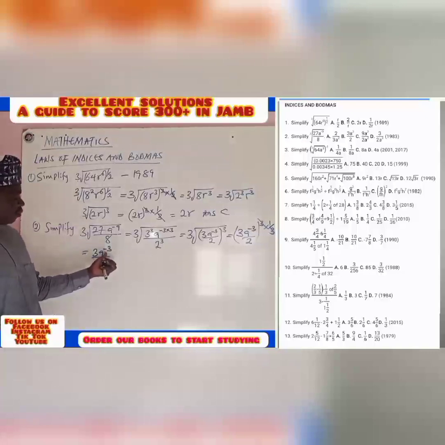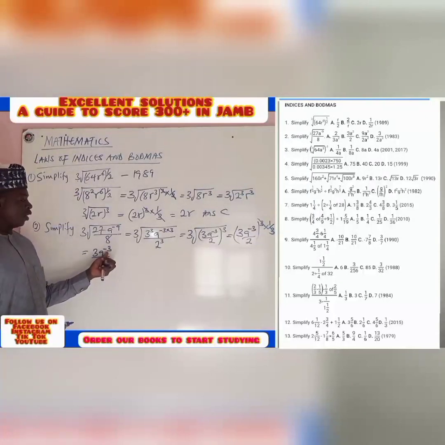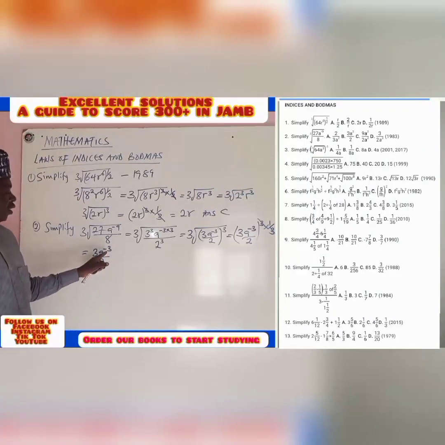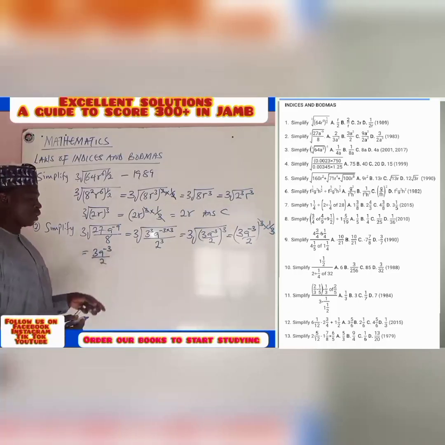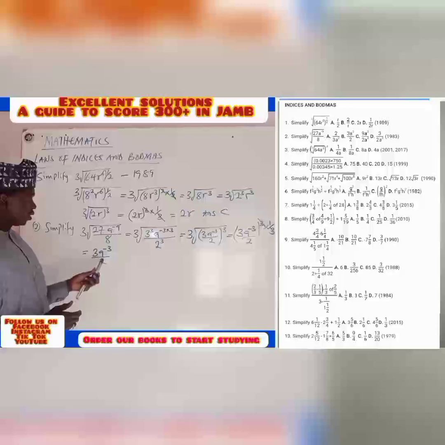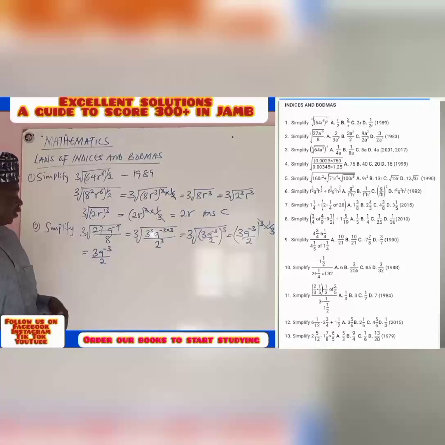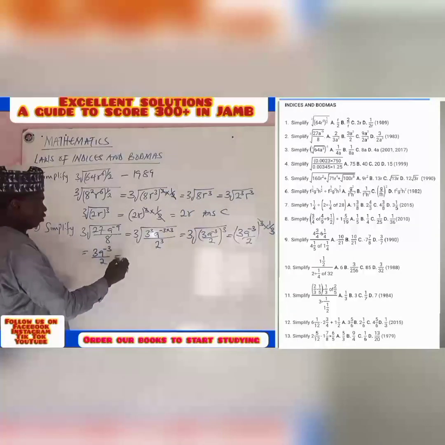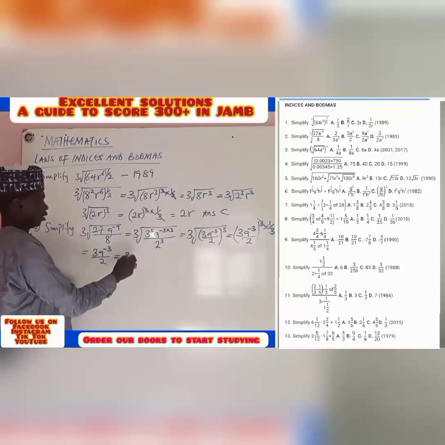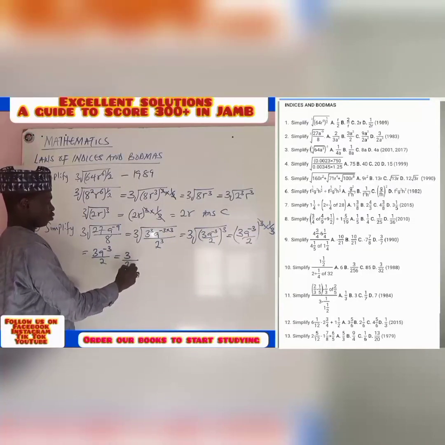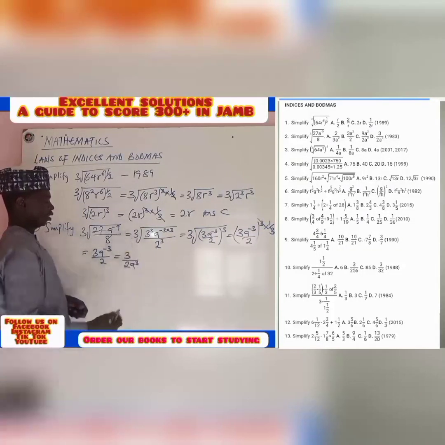By the laws of indices, a raised to the power of minus 3 is the same as 1 over a cubed. So we now have this equals 3 upon 2a power 3.